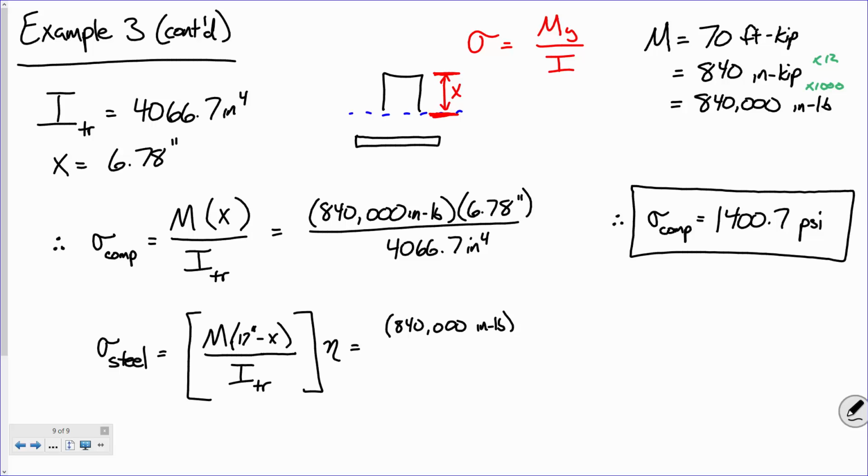Okay. All right. 840,000 inch-pounds. We have 17 minus 6.78 inches. And then we got to multiply the whole thing by 9 divided by 4,066.7 inches to the fourth.